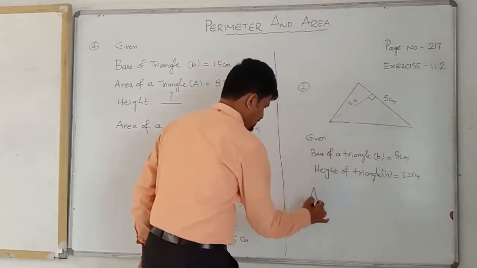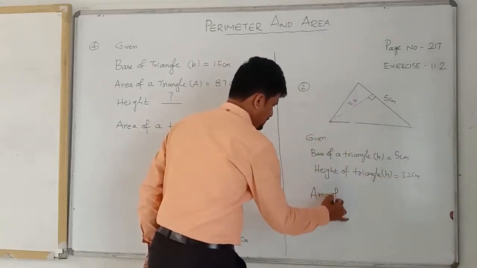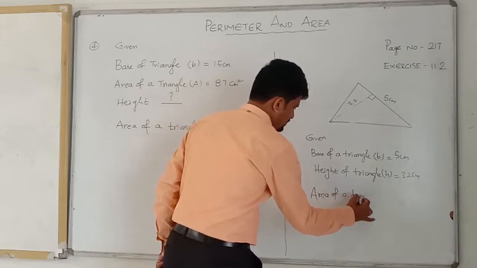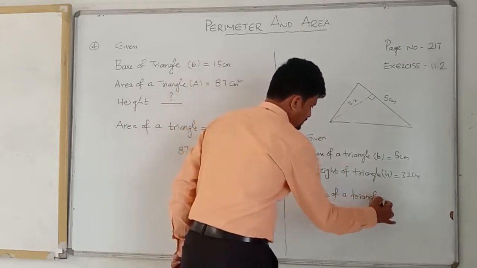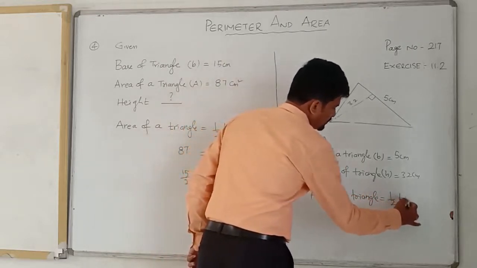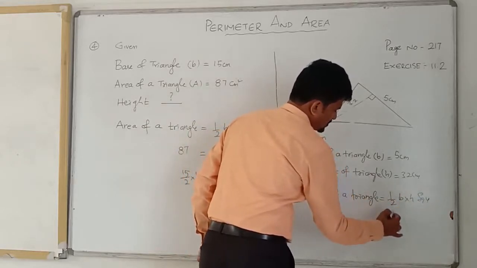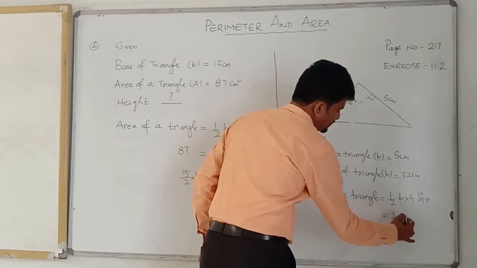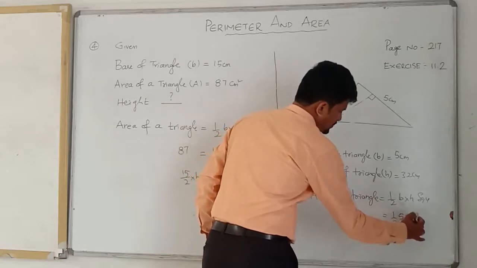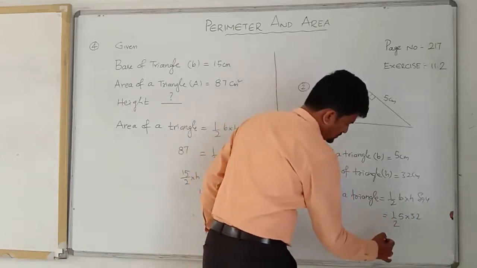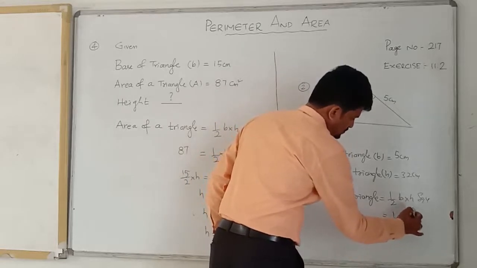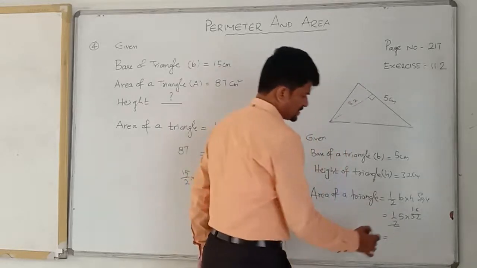Now area of triangle is half base into height square units, that implies half. Base means 5, height means 3.2. That implies 2 ones, 1.6.